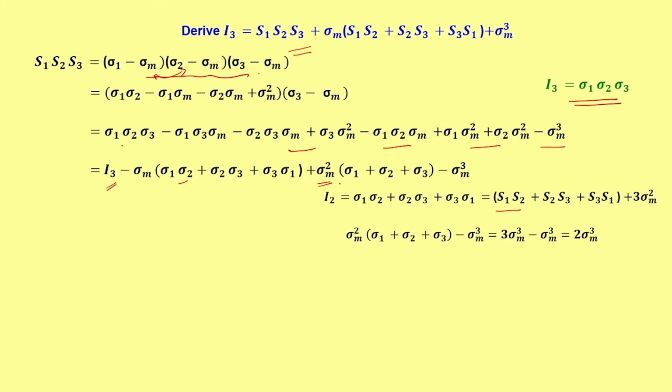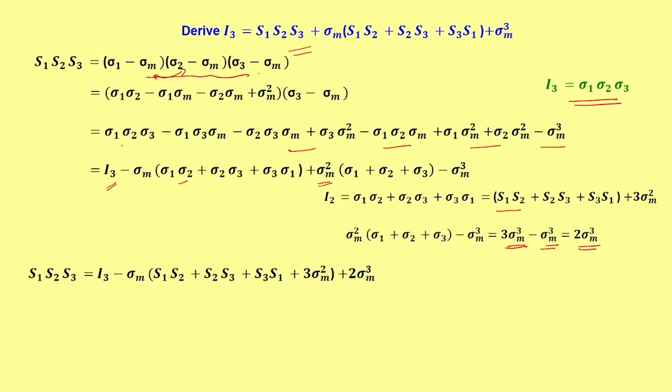So, this also gives sigma m square. Now, the next term, sigma m square into sigma 1 plus sigma 2 plus sigma 3 minus sigma m cube, can be written as 3 sigma m cube, because this again you can replace by 3 sigma m. So, 3 sigma m into sigma square m gives 3 sigma m cube minus sigma m cube, that is 2 sigma m cube. So, that will be the relationship.